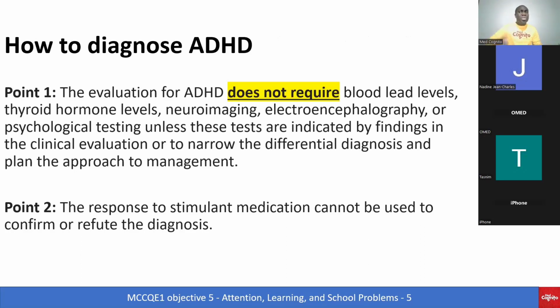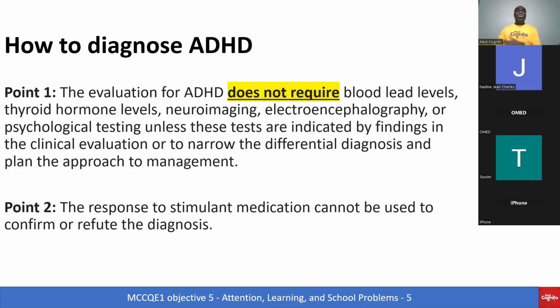ADHD as well, you don't need any laboratory investigation. So fetal alcohol syndrome is based on history and physical exam features. ADHD as well does not require blood. So if you see, how am I going to make a diagnosis? Do blood lead levels, do TSH levels, do neuroimaging, do electroencephalography. It is wrong.